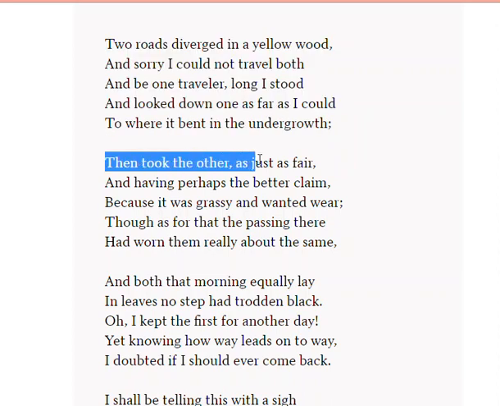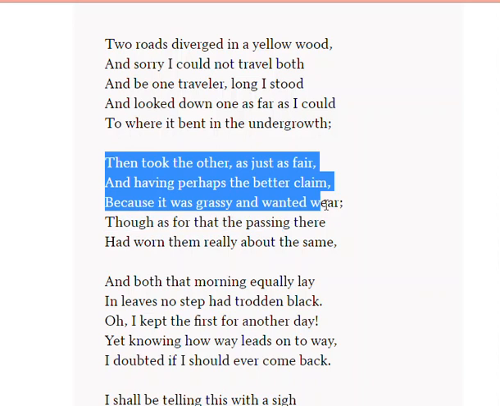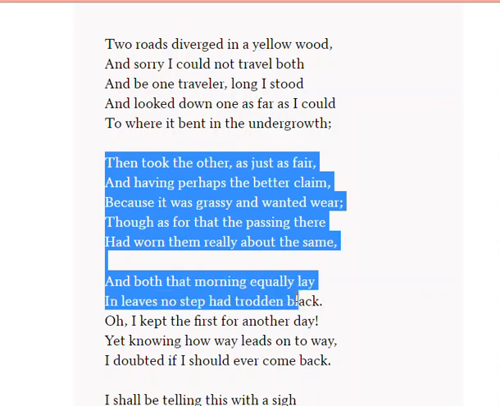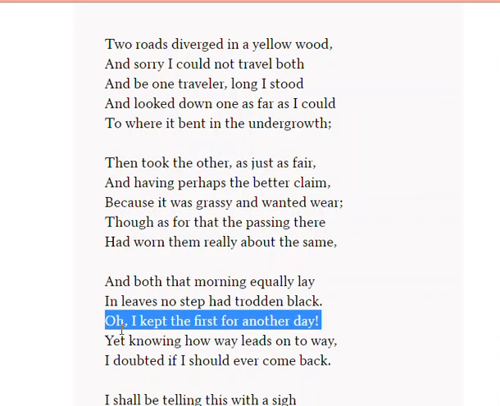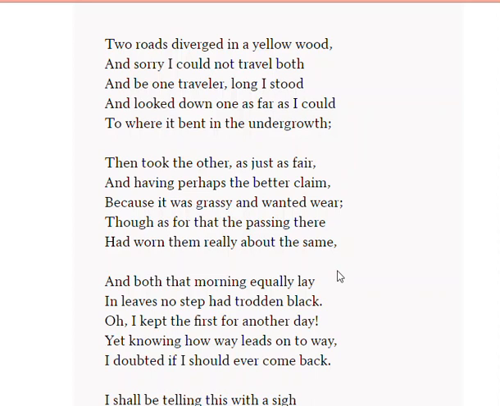Then took the other, as just as fair, and having perhaps the better claim because it was grassy and wanted wear, though as for the passing there had worn them really about the same, and both that morning equally lay in leaves no step had trodden black. Oh, I kept the first for another day, yet knowing how way leads on to way, I doubted if I should ever come back.